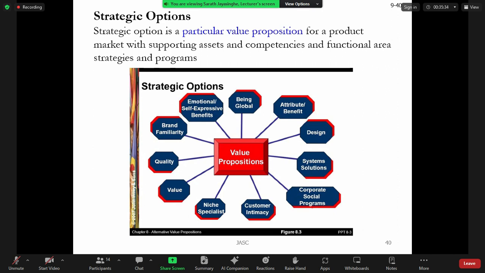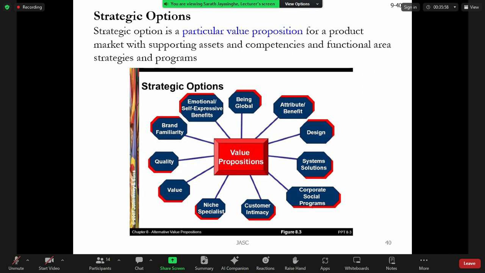What do you mean by a value proposition? When we offer a product, we offer it with different values, different features, different attributes, or different benefits to the customer. So a value proposition is a bundle of benefits we offer to the customers.